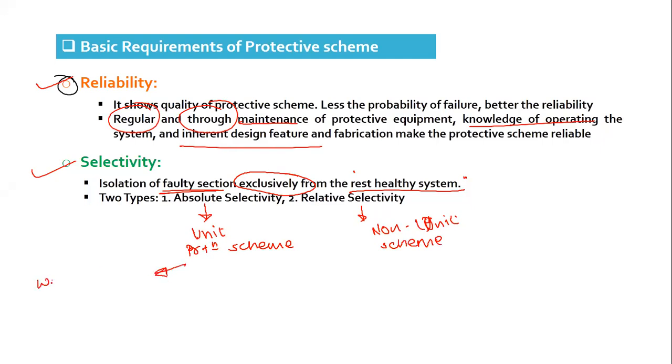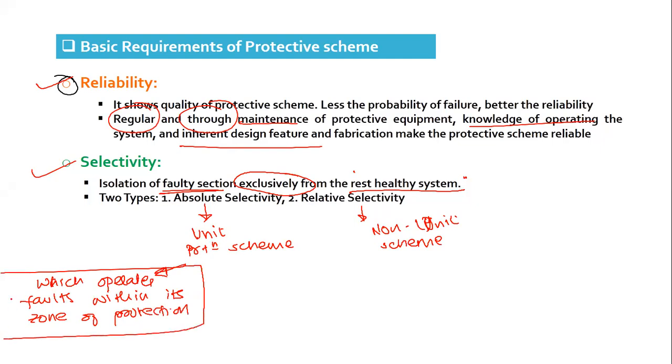It is a scheme which operates for faults within its zone of protection, and it does not respond to any fault outside the zone of protection. Whereas non-unit means it also responds to faults outside its zone of protection. Both are important as far as the relaying or protection scheme is concerned. Some schemes can be unit, some can be non-unit.